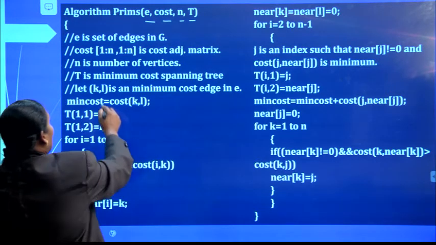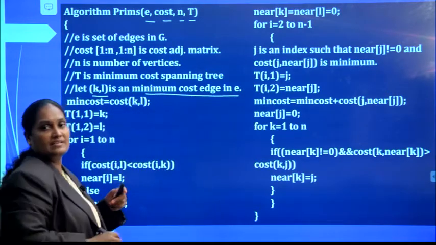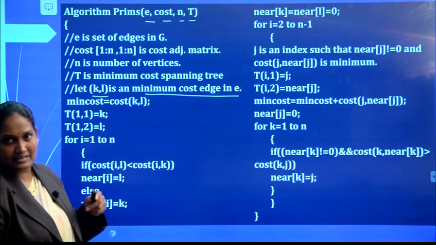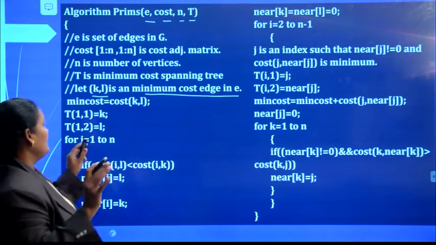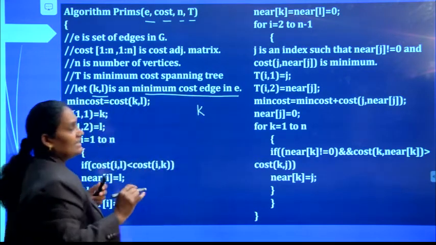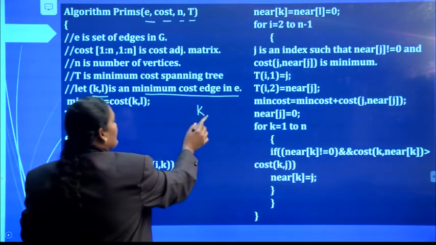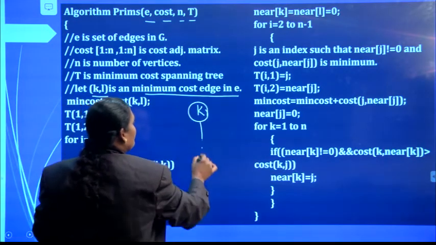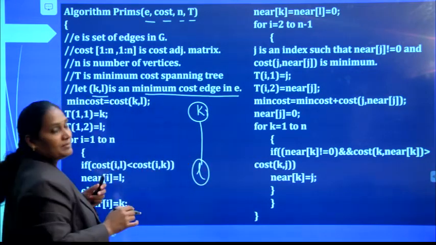Now let K comma L be a minimum cost edge in E. That is, first we are selecting a vertex K from the graph. On that vertex K, which vertex is incident with minimum cost?